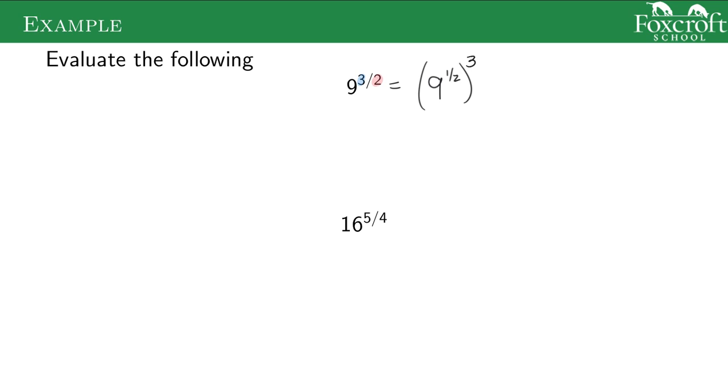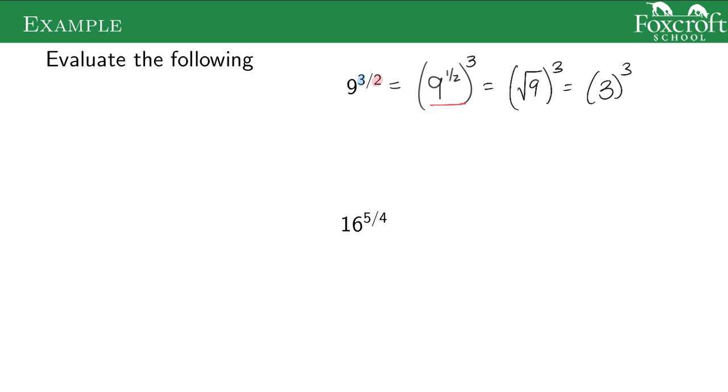And why are these 2 things equal? Because we have this exponent rule that if you raise a number to 2 exponents like this, you multiply the exponents, and 3 times 1/2 gets me back to 3/2. So I separated it out into 2 pieces, but now in here is what we just learned earlier in the video. That's the square root of 9. The square root of 9 we already know is 3.